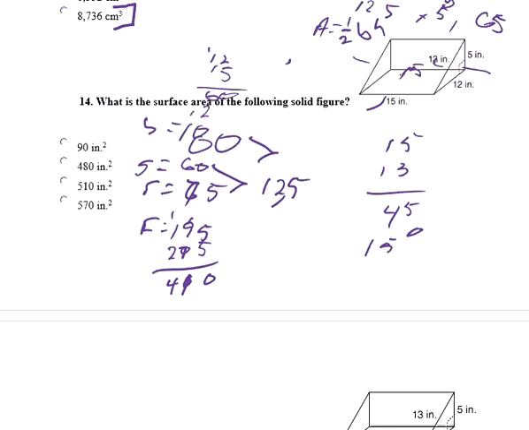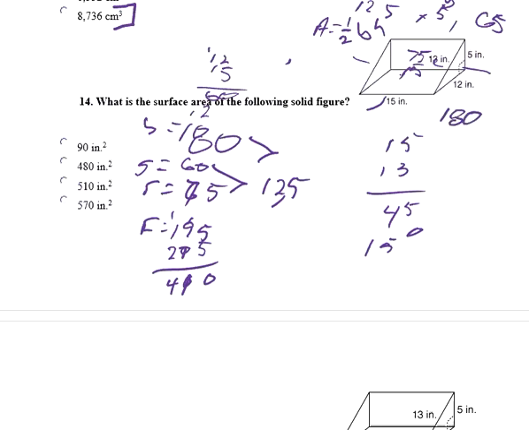The back is 75. And our two sides are 30 and 30, which is 60. And our top is 15 by 13. And 15 by 13 is 195.